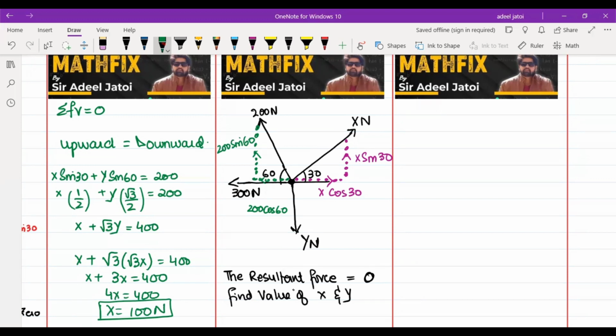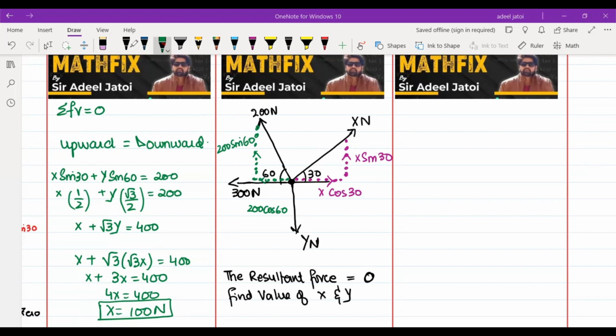In total, there are two upward forces and one downward force. There is one force acting towards right, but two forces acting towards left, which are 300 and 200.